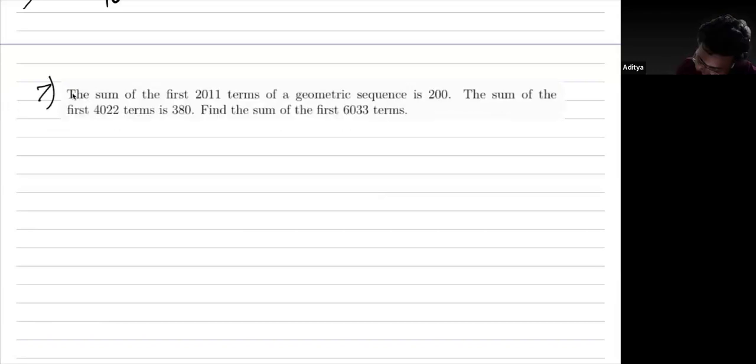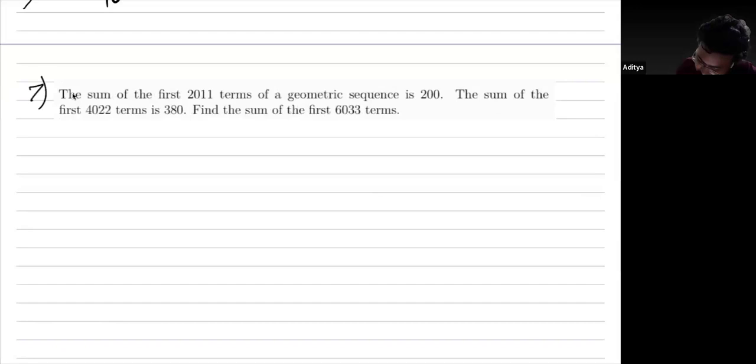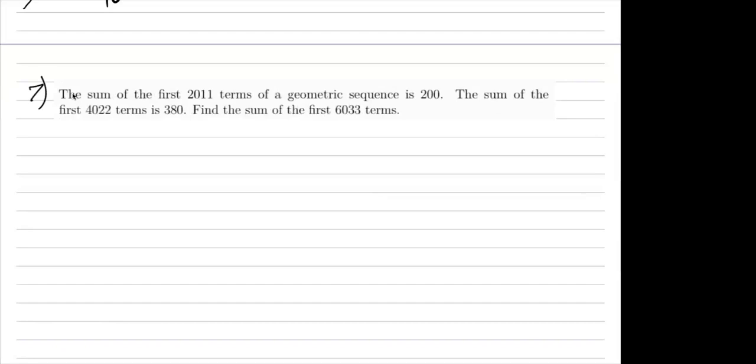We can try this last question. So could you scroll up? Question 26.